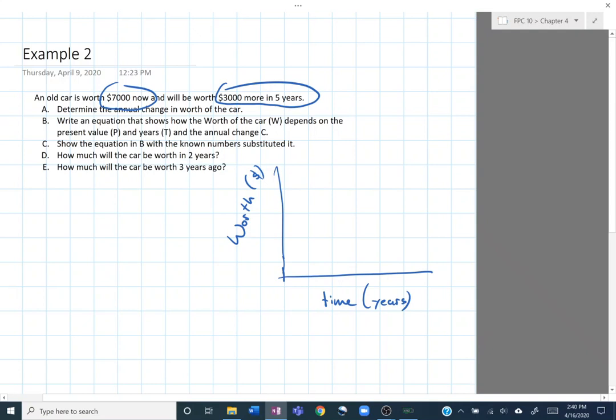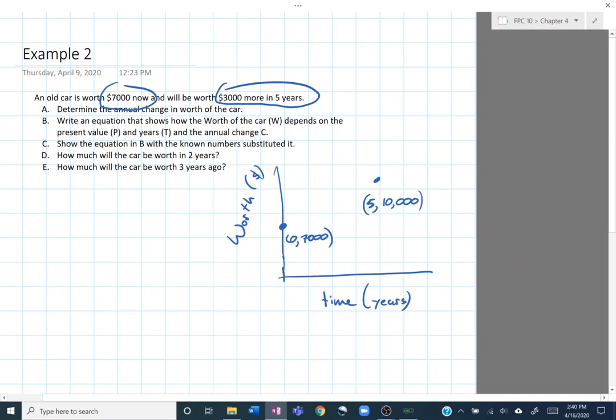I'm up at like $7,000. So this point is 0 in time, 7,000. And then at some later time, 5 years, it's going to be worth $3,000 more, which means that it's going to be 3 plus 7 is 10,000.